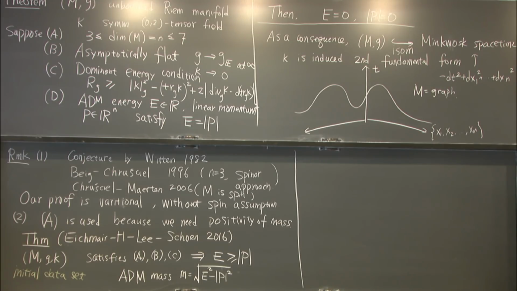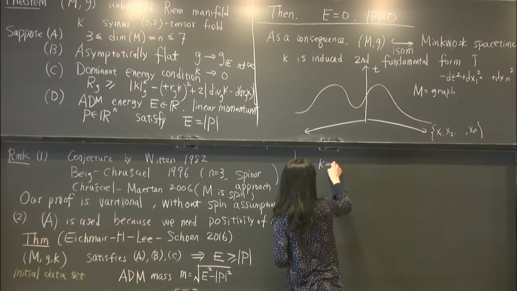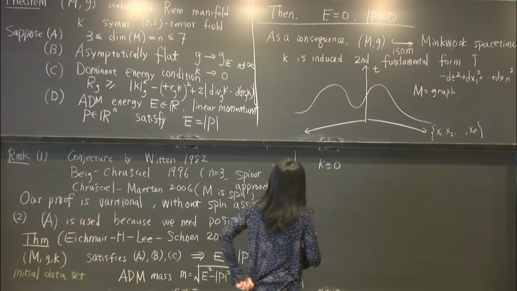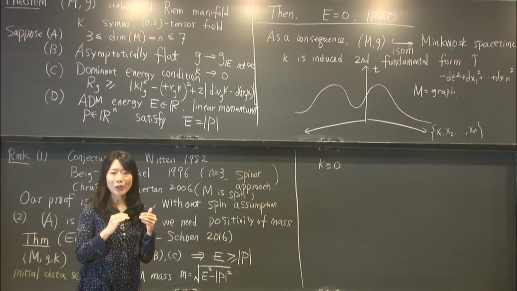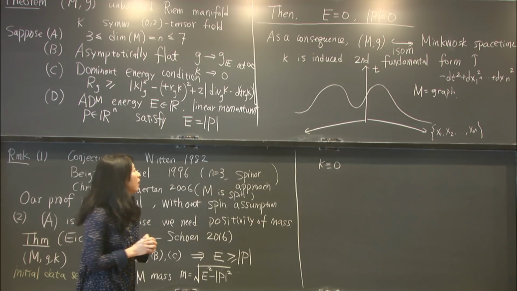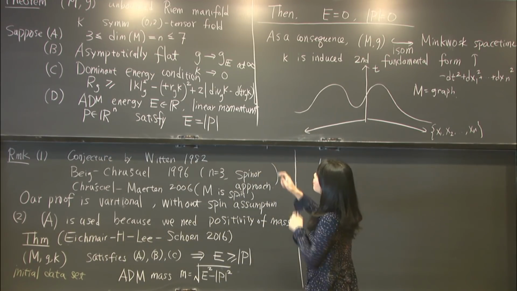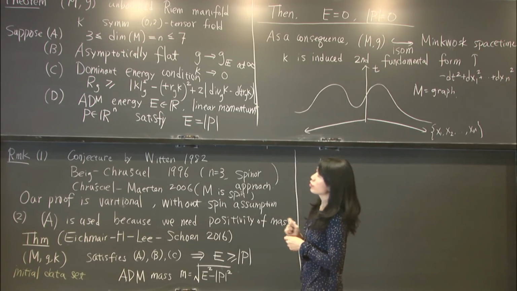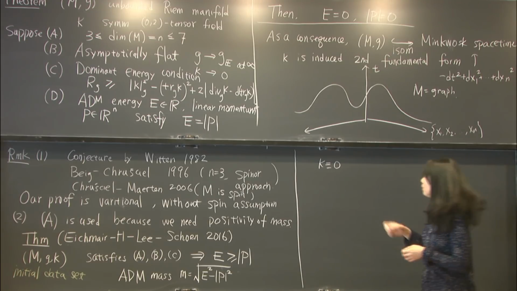So this type of positive mass theorem has been studied for the past few decades. And there is a very important special case when K, the symmetric 2-tensor, is identically 0. From the Lorentzian geometry point of view, that means we are looking at a totally geodesic slice. This is important because if K is 0, the dominant energy condition reduces to a purely Riemannian condition, which is non-negative scalar curvature.